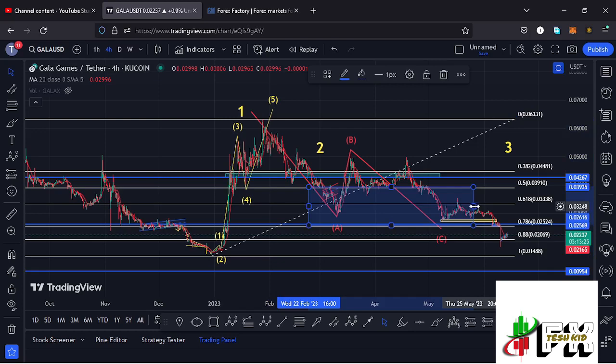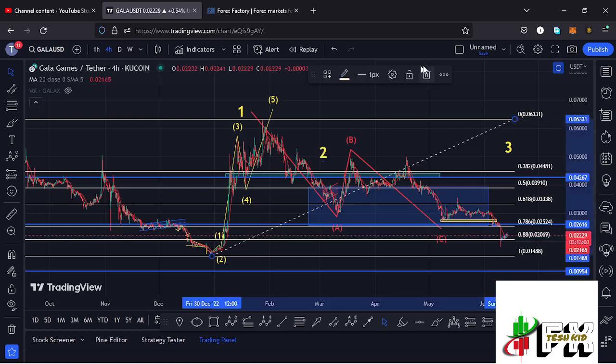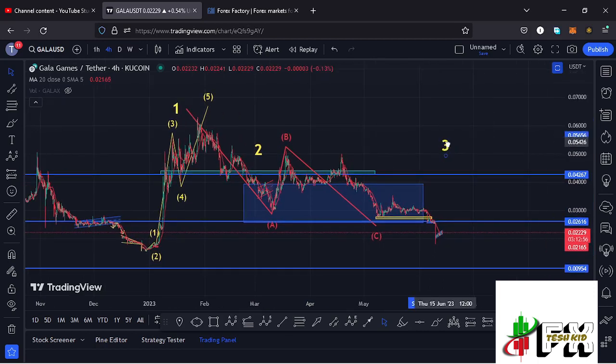And since we have fully maximized this target area, there are chances that the low for this wave 2 is in, though I still have issues with this Elliott wave count since we lost the fib level 0.78, though we are still holding above the fib level 0.88, and I still have the benefit of the doubt for this Elliott wave structure, where we could see that Gala Games could start another impulse to the upside in the formation of this larger Elliott wave count 3.